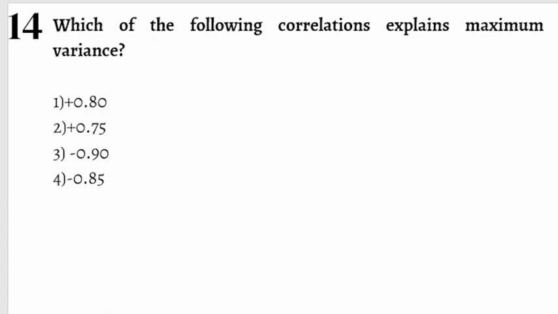Okay, so whenever we are looking at the correlations and we want to tell which correlation has the maximum variance, we ignore the signs here, because the sign just tells us if the correlation is positive in nature or negative in nature.